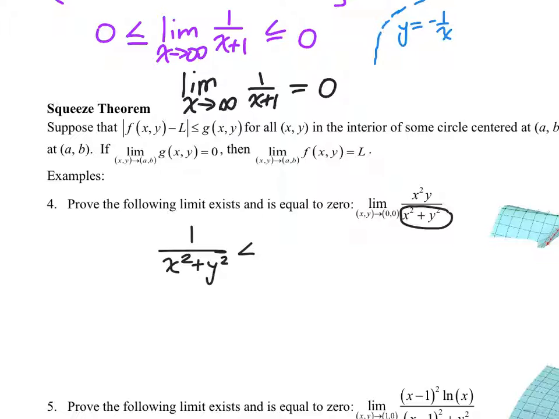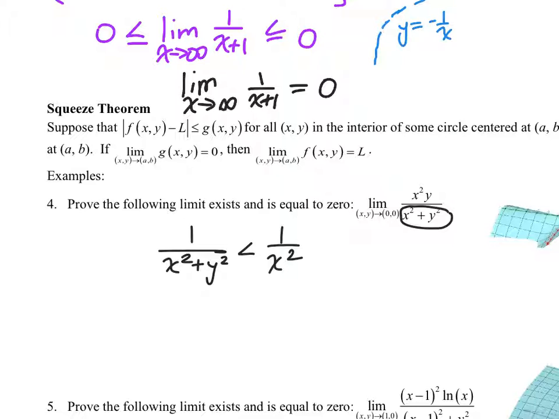I know that that's gonna be less than 1 over x squared. Or 1 over y squared, just not both. My rationale on that is the denominator is smaller for the larger fraction. So it's a true statement.